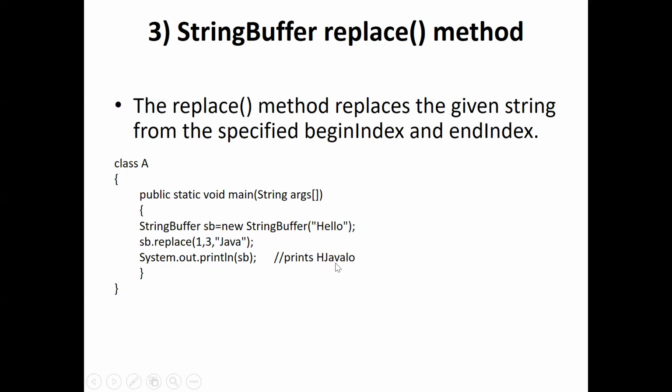So H Java LO. This excludes the second index and includes the first index. The format means you consider the first index and second index, and you replace these two indexes with Java. That's where H Java LO comes.